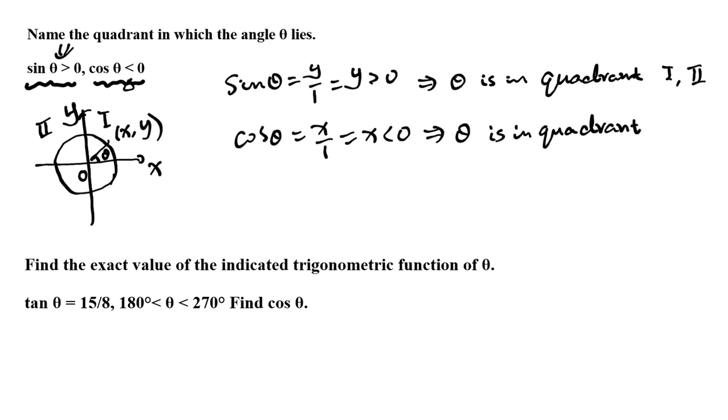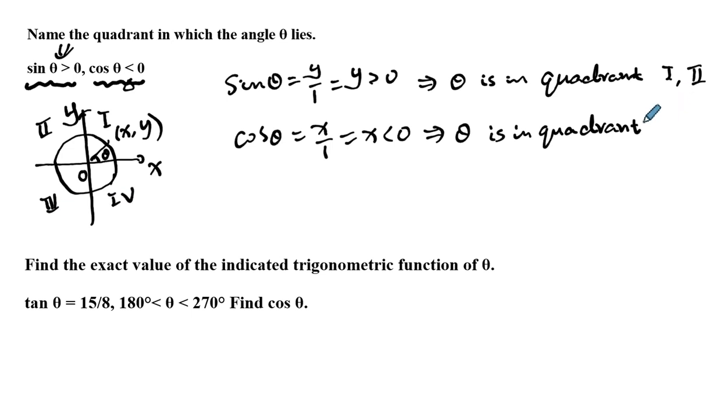You tell me, because on this side x is positive, on the left-hand side x is negative. So it tells us quadrant 3 here, 4 here.